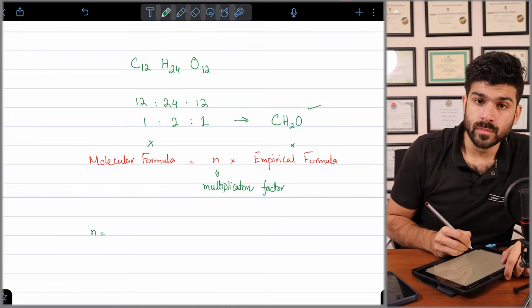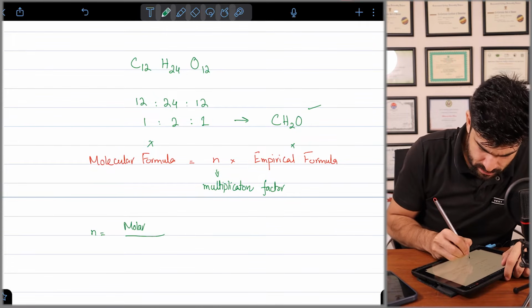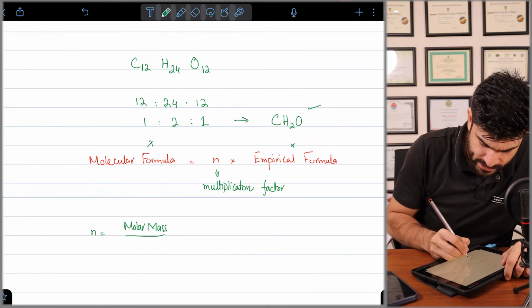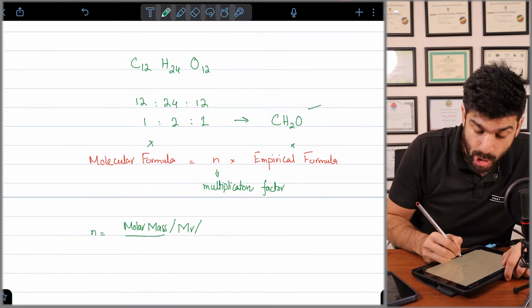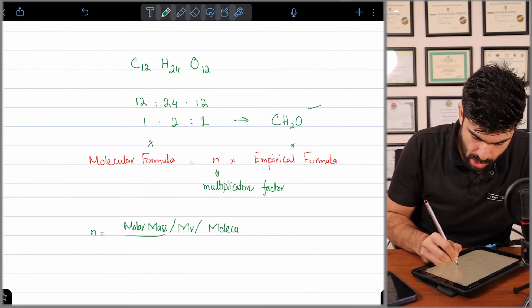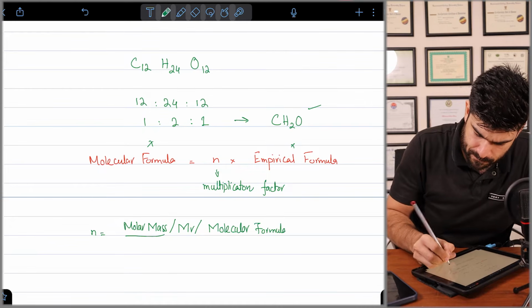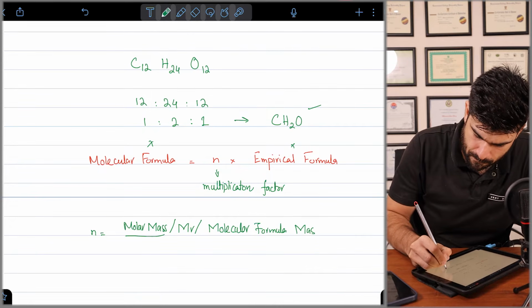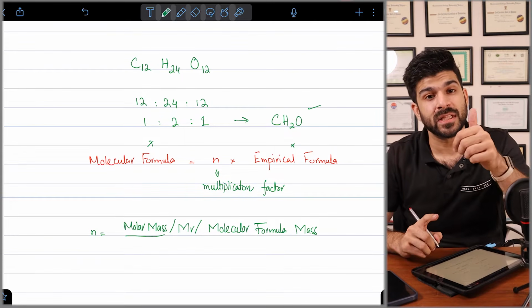N equals the molar mass, or you can call it the relative molecular mass, or you can further call it the molecular formula mass. These are all similar values; they mean the same thing.